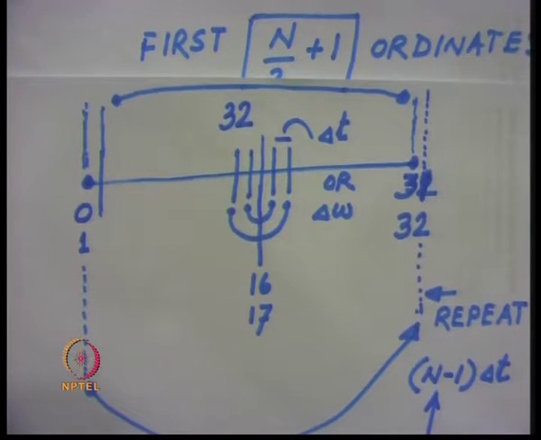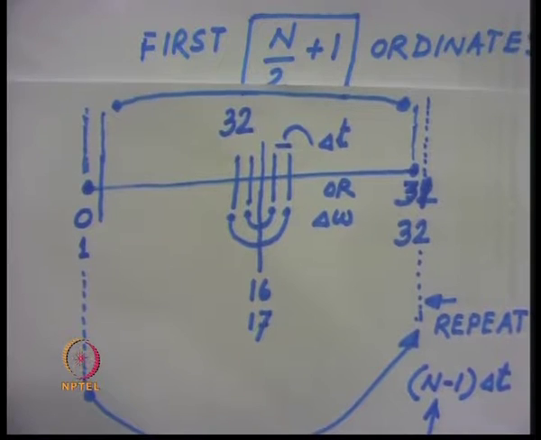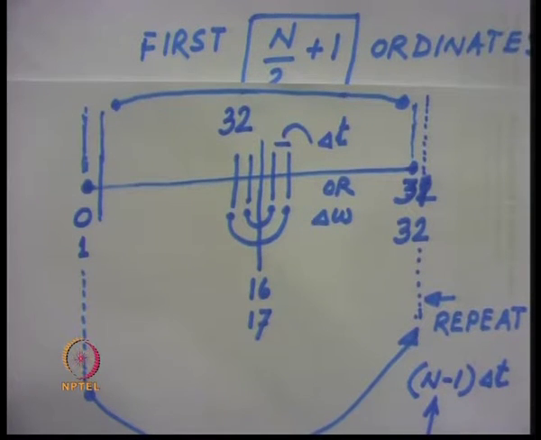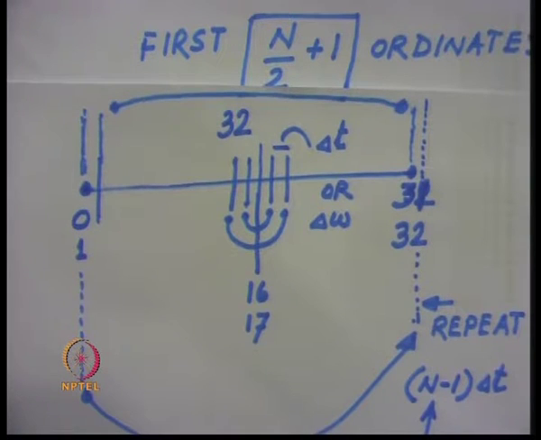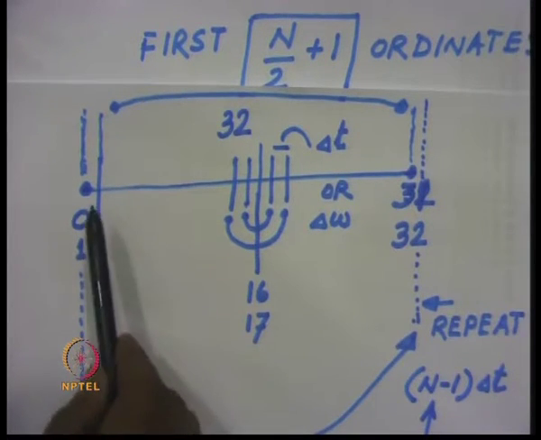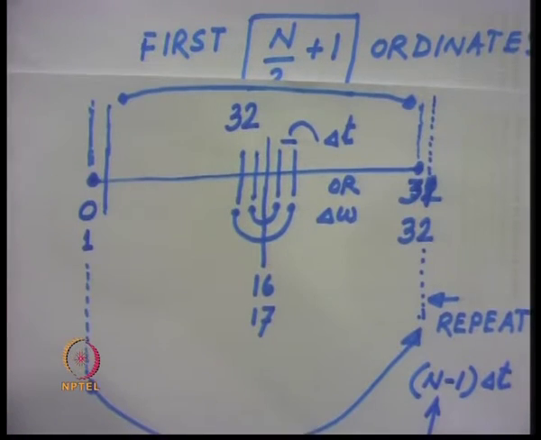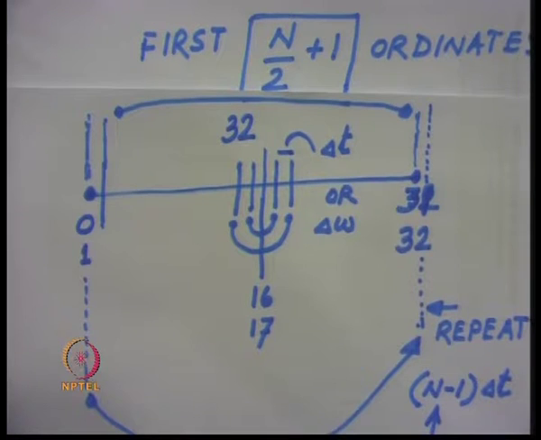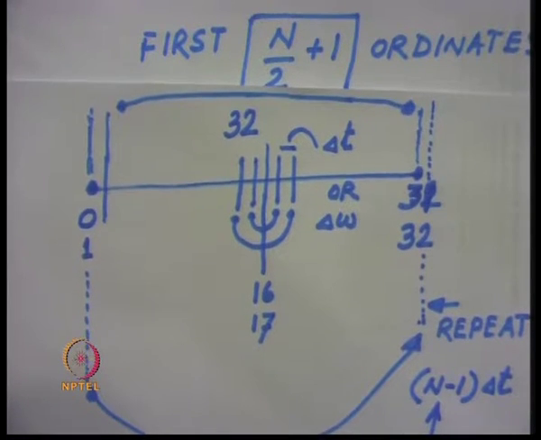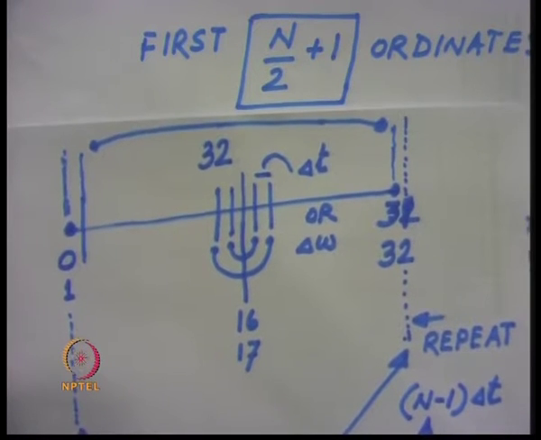I solved a problem in connection with the Fourier series analysis of the ground motion in order to find out the Fourier spectrum. Let me again repeat it a little bit for your recapitulation. Say if we have got 32 sampled ordinates of the ground acceleration, sampled at a value of delta t and given to MATLAB, and we click on FFT.